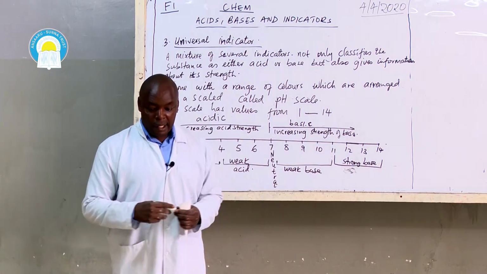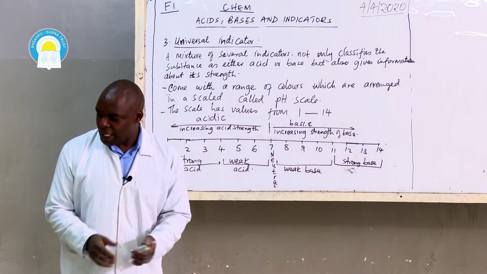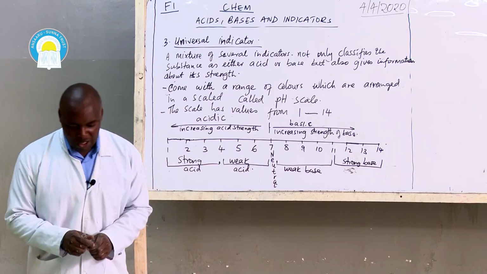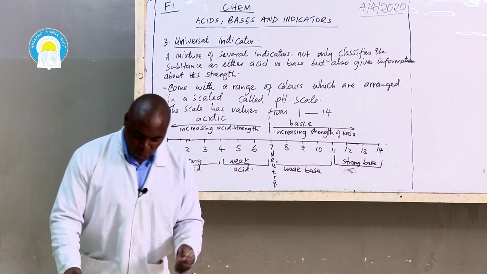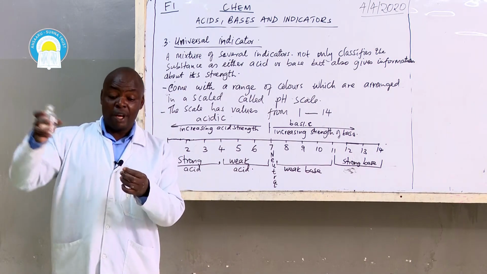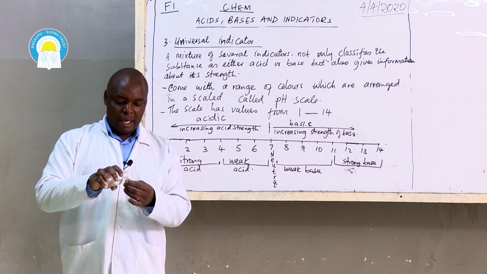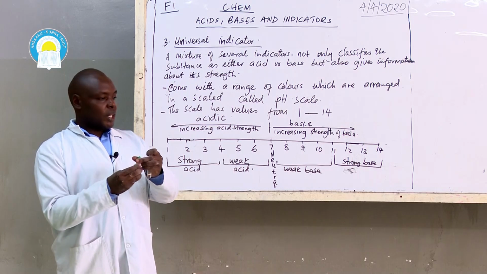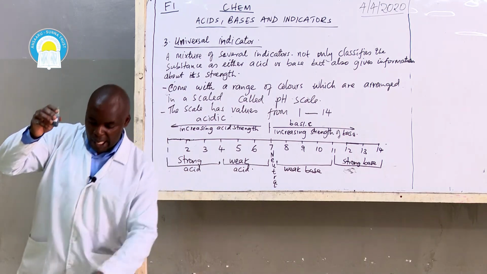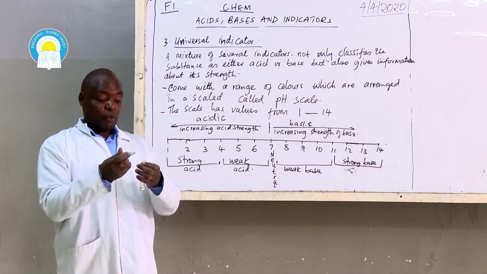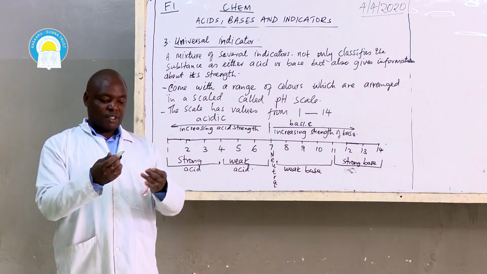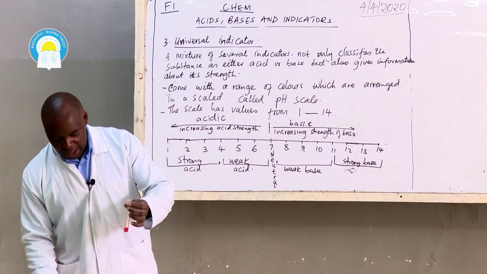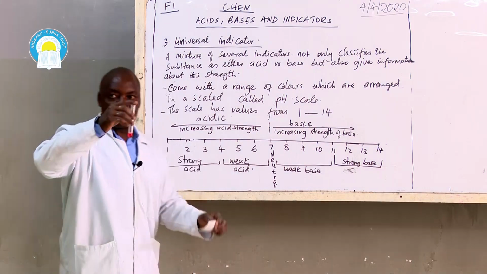We want to see how we can find the pH of a solution. You take that solution, like this solution of hydrochloric acid. Then you add a few drops, 2 or 3 drops, of universal indicator and check the pH of that solution using a pH chart.